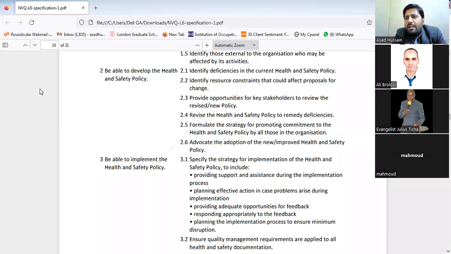For this purpose, it is simply asking about promoting commitment. In this regard, you have to perform TBT, you have to perform training sessions and inductions for awareness and for communication of this health and safety policy. So the strategy will be clear that you will perform activities by virtue of which you can communicate this health and safety policy clearly to all the people present in the organization.